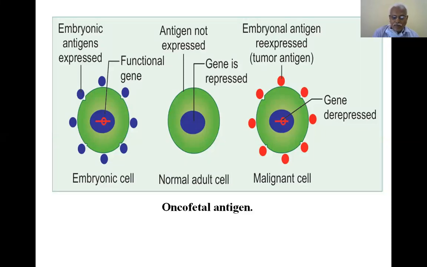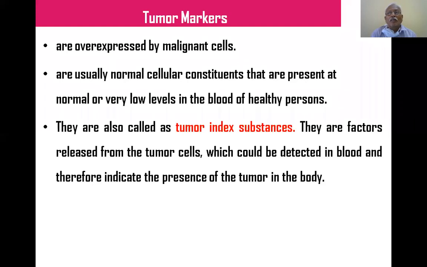With this diagram, you may be able to explain the oncofetal antigen and progress into tumor markers. They are overexpressed by the malignant cell. They are usually normal cellular constituents. Usually they are present at normal or very low level in the blood of healthy persons all the time. So they are also called tumor index substances.